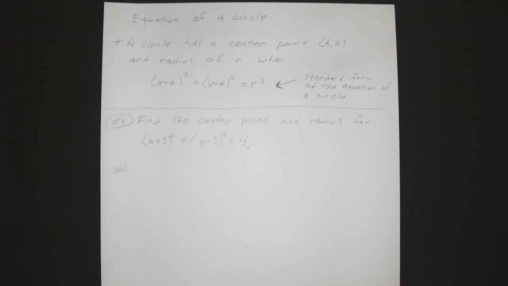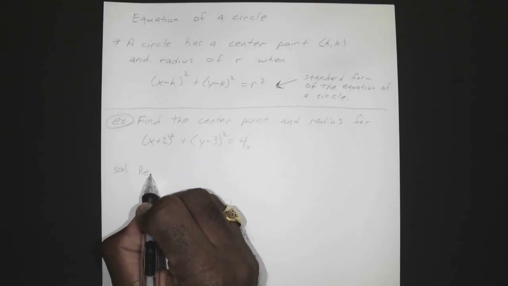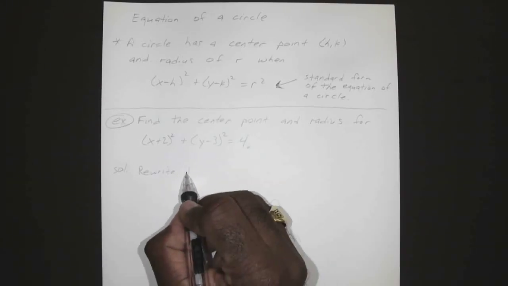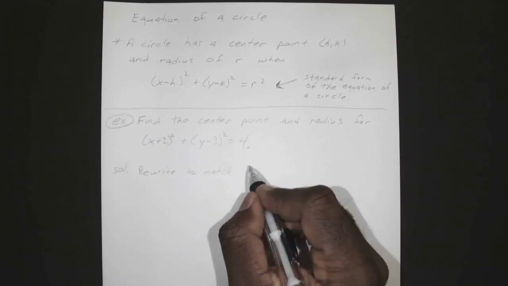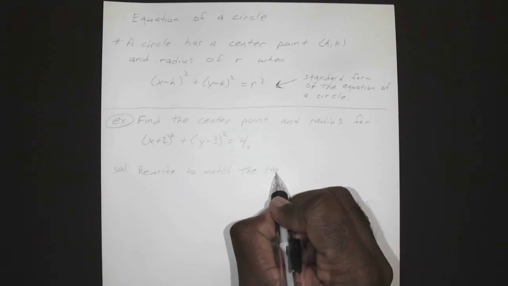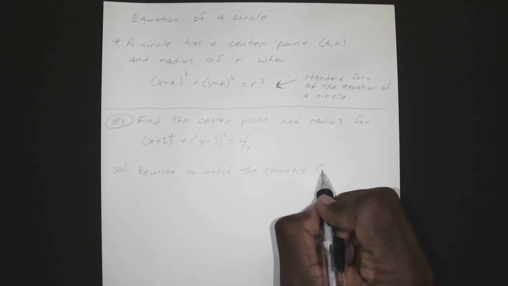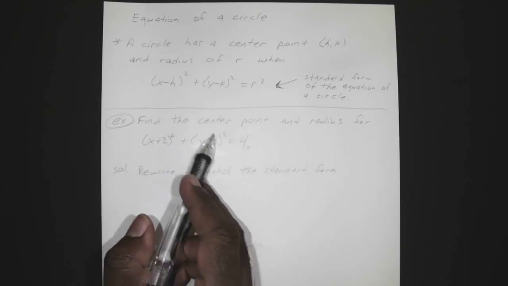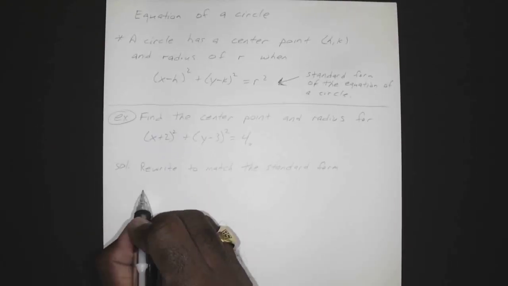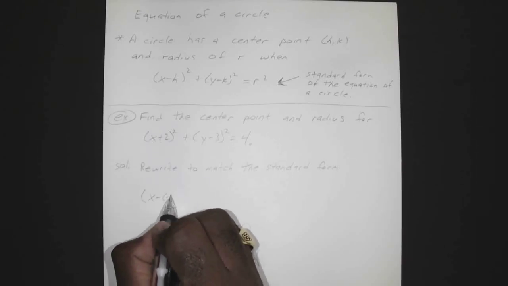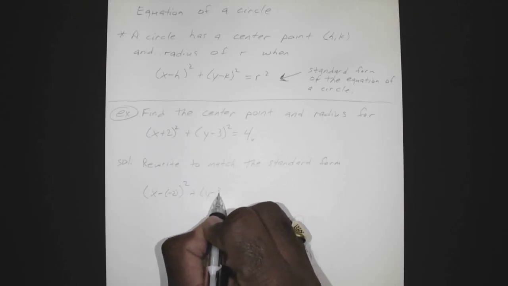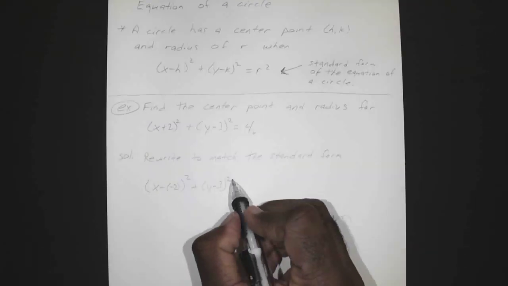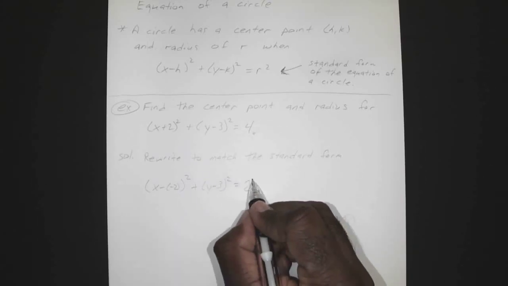The first thing you want to do is rewrite it to match the formula. Notice you have a minus sign that you need for both of those. So you can make that (x minus negative 2) squared plus (y minus 3) squared equals 2 squared.